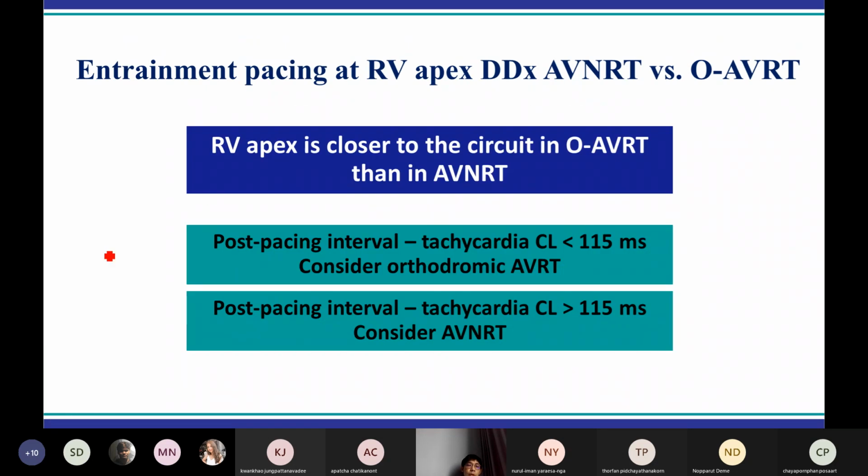You just have to remember that the post-pacing interval minus tachycardia cycle length in AVRT is less than 150 milliseconds because the RV apex pacing is closer to the circuit. And in AVNRT it is longer than 150 milliseconds because it is further away from the AVNRT circuit.